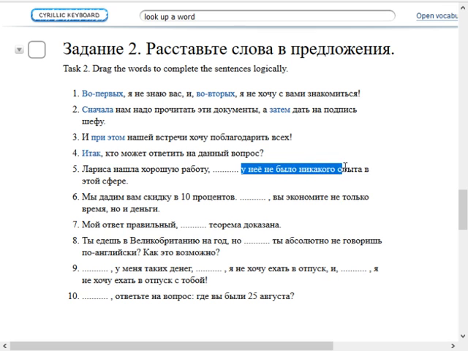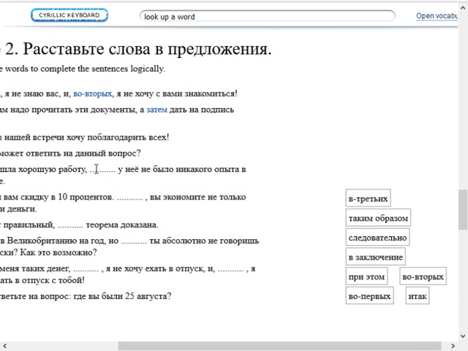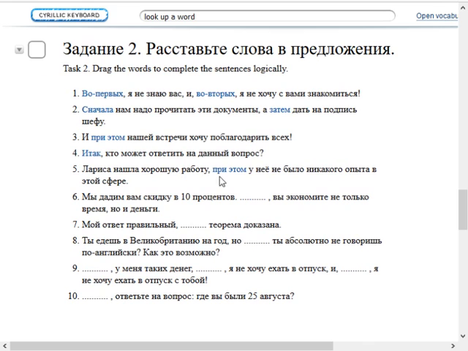She had no experience in this sphere. So I guess the word there is kind of like although. What's a word that's kind of like although? Yeah, при этом is actually what they're looking for there. So при этом is kind of like anyway, or although, or despite that, I guess.